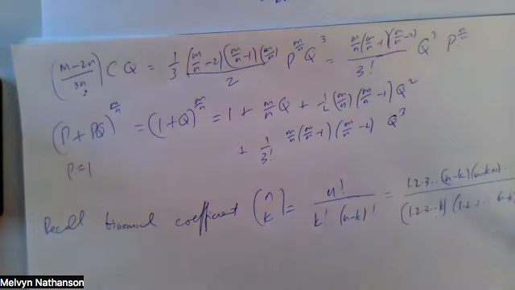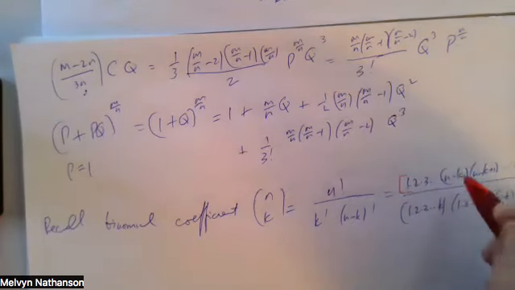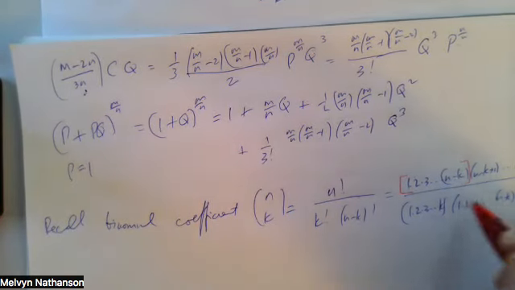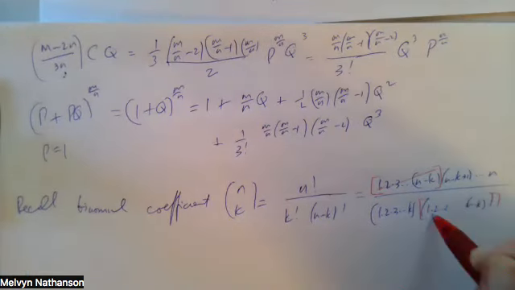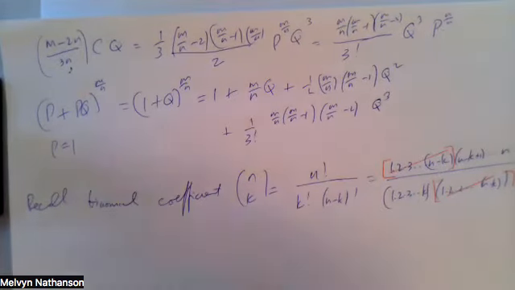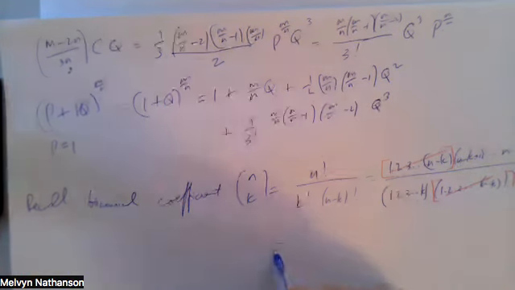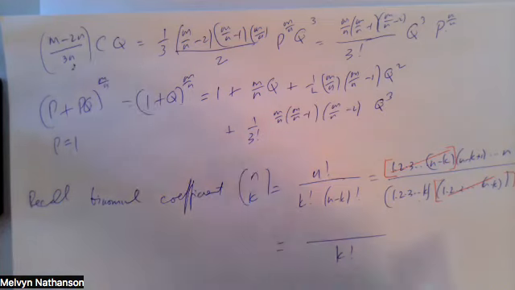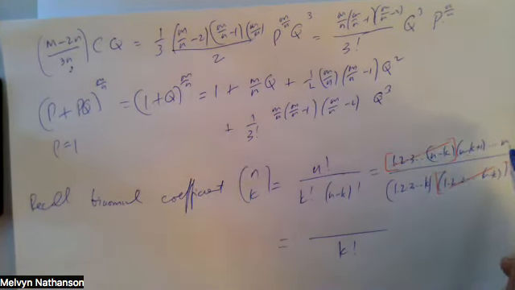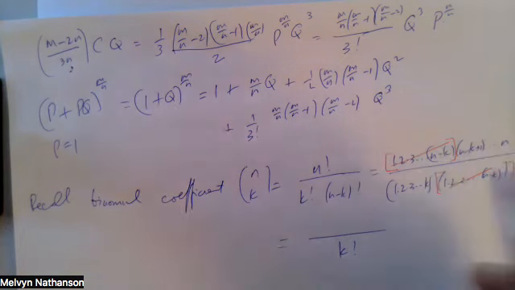And I can see that there's some cancellation if I want to take advantage of it. Here I have the integers from 1 to n minus k. Here I have the integers from 1 to n minus k. And you can cancel them. So what we're left is a somewhat simpler fraction. The denominator is k factorial, and the numerator is the product of the k positive integers starting from n and going backwards.